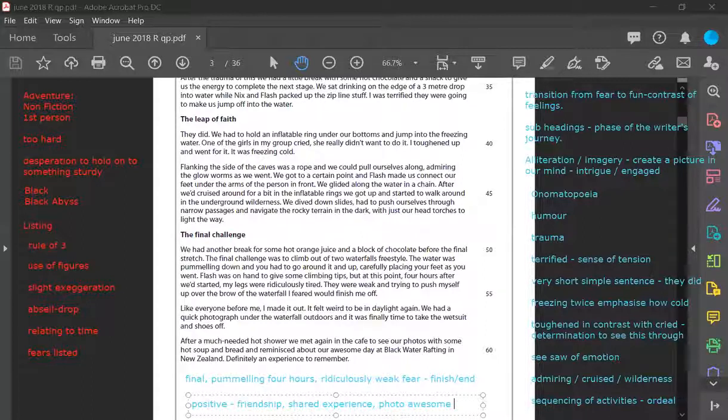Say for example, why the writer has used listing, why the writer has used the rule of three, or what kind of an effect the word trauma has created on the reader. What does the word terrified mean over here? So in this way, now that we have everything written here, we just need to discuss the effects of these writing, which is going to give us a very good material to write question 3, 6, and 7.